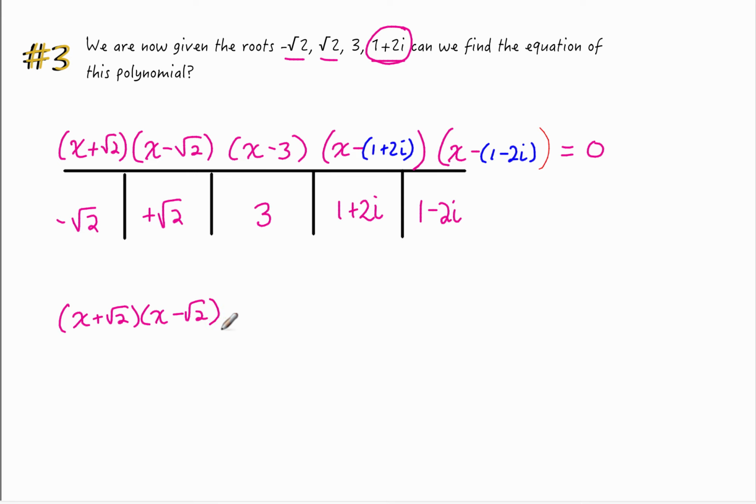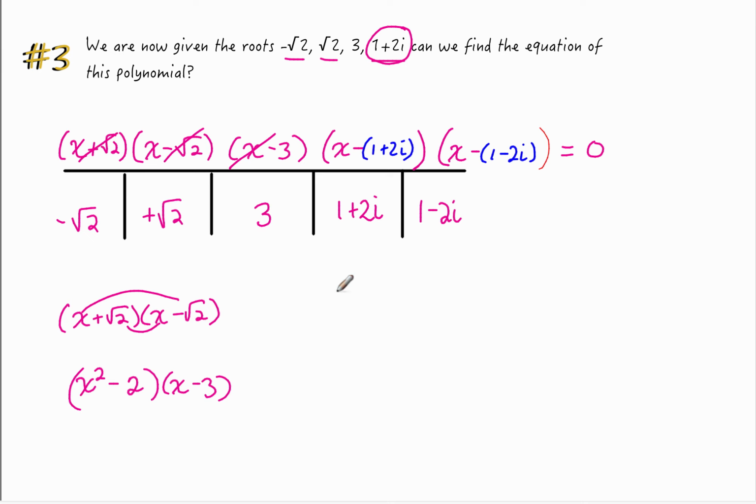Because we usually don't see radicals in equations, although we could leave this because it is a linear factor. I just like to say it prettily as x squared. These are going to cancel out. Radical 2 times radical 2, that's going to be minus 2. Oh, this x minus 3, thank you. Don't need to multiply that.